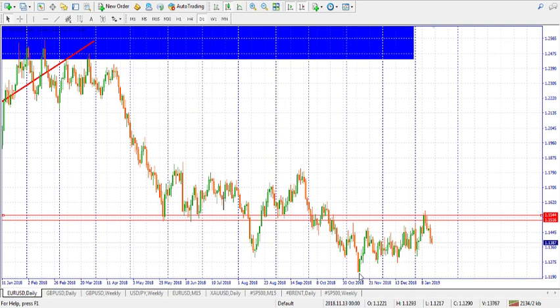Like from the lower side, you see price went up, came down, went up, came down, then back to the same place, and it bounced from the same place. This was a sell. So in case price comes back to the same place in the future, that is a sell. We expect a reversal. We expect the movement to change to the lower side. So this is another way you can know levels.